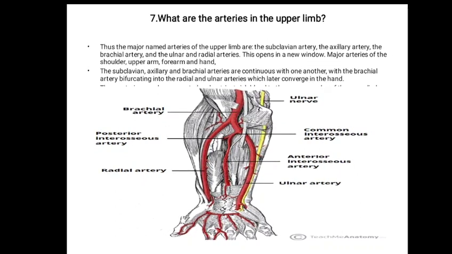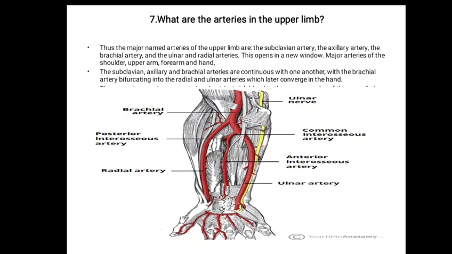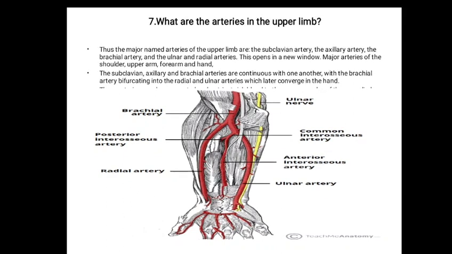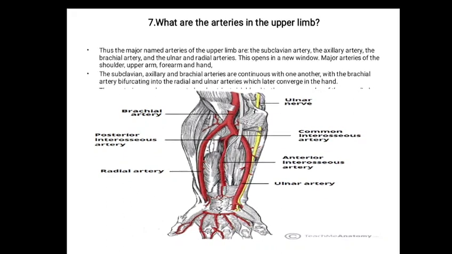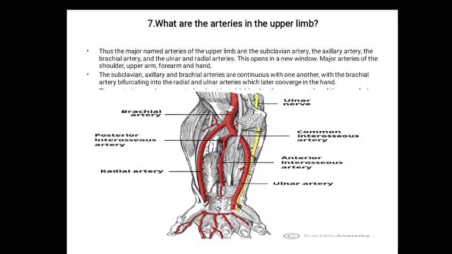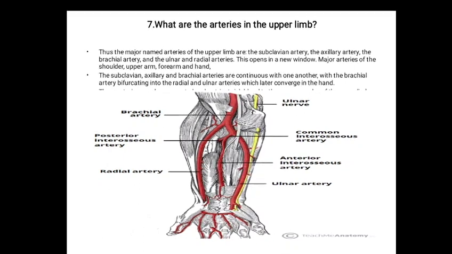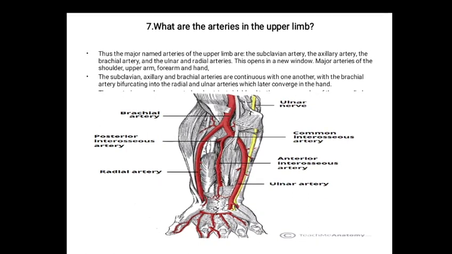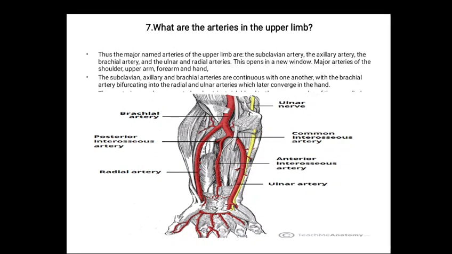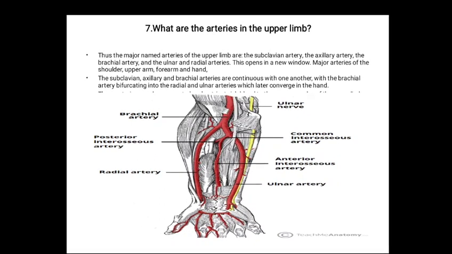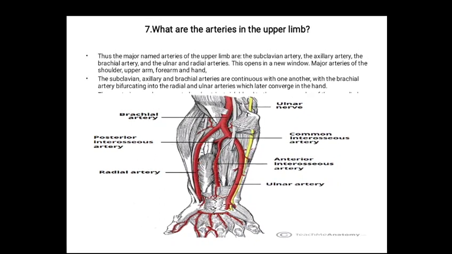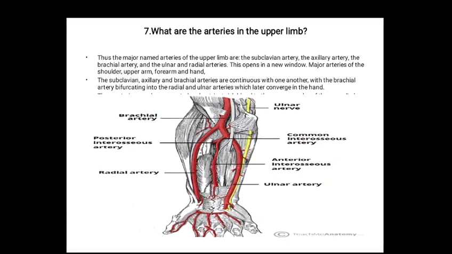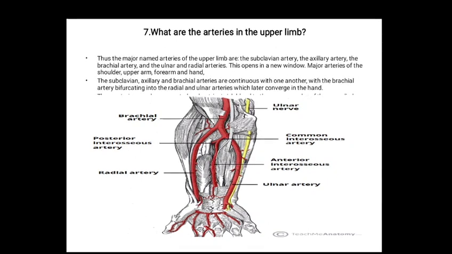Major arteries of the shoulder, upper arm, forearm, and hand. The subclavian, axillary, and brachial arteries are continuous with one another, with the brachial artery then bifurcating into the radial and ulnar arteries, which later converge in the hand.